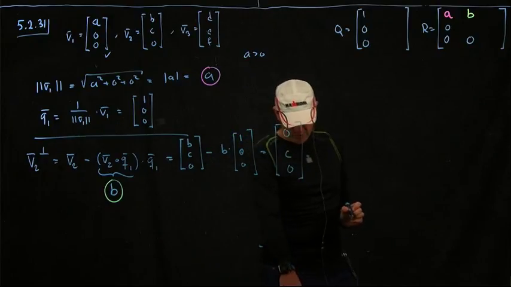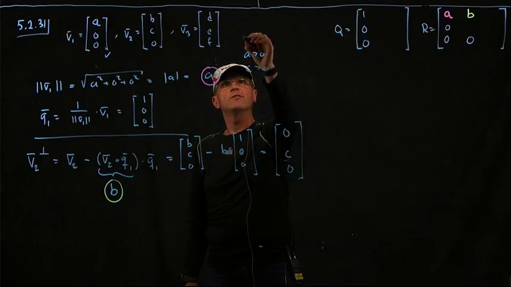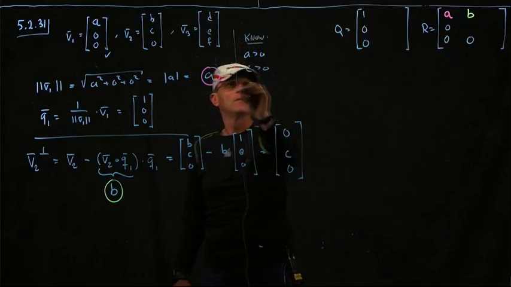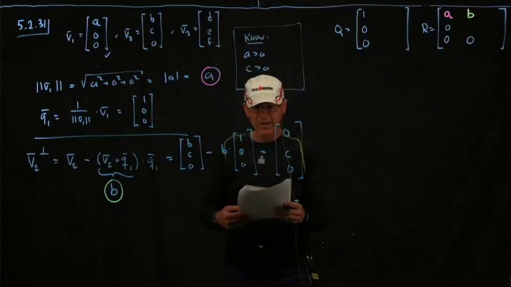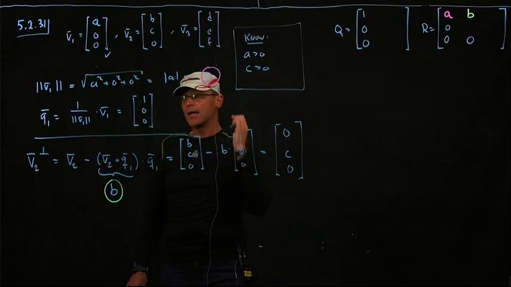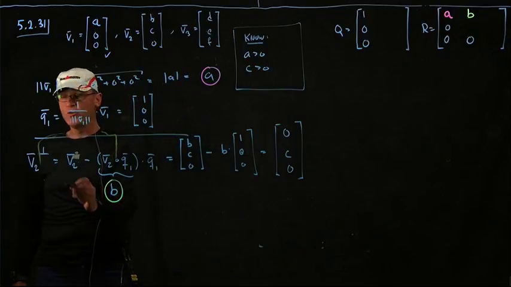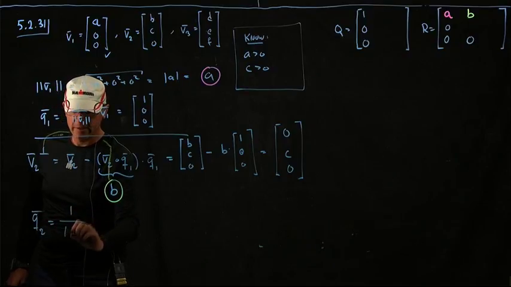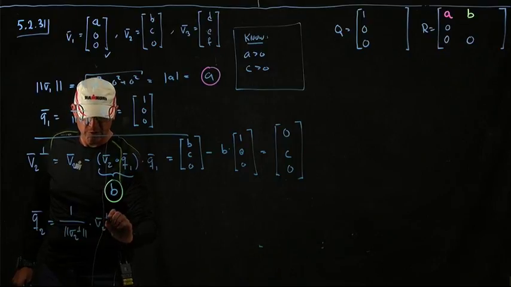And we also had the fact that C is positive, so we know this. This is from the problem. I did not copy that on my slide, but it is in the book. Okay, so we need the usual. We need the length of V2 perpendicular, because Q2 is 1 over the length of V2 perpendicular times V2 perpendicular.